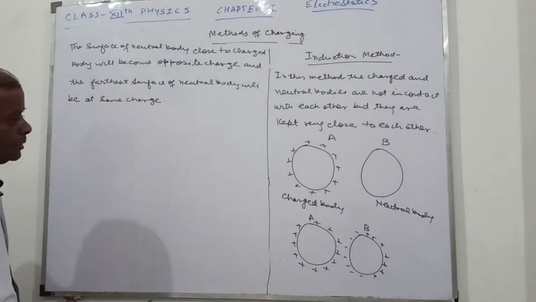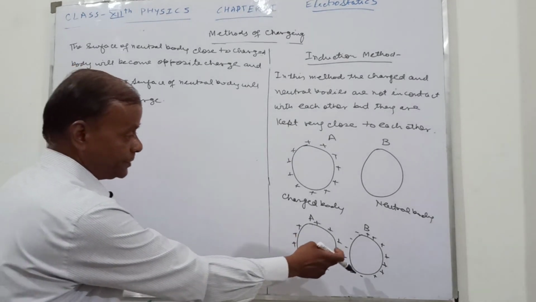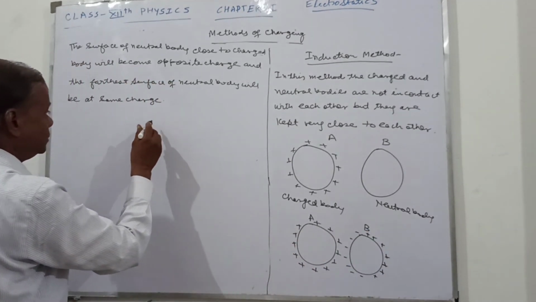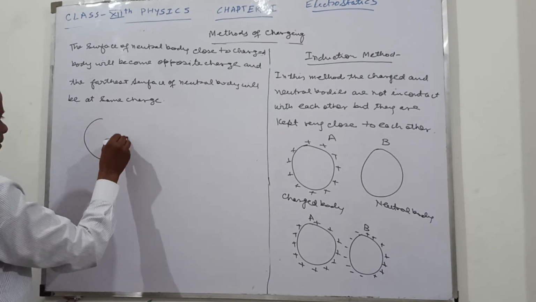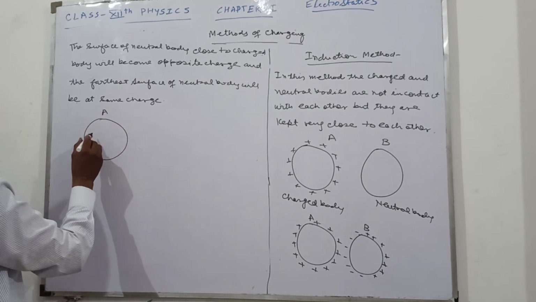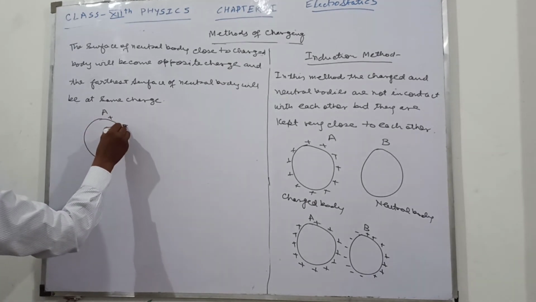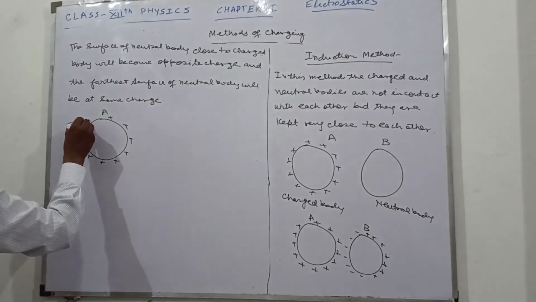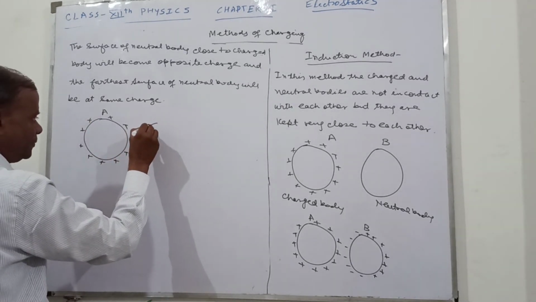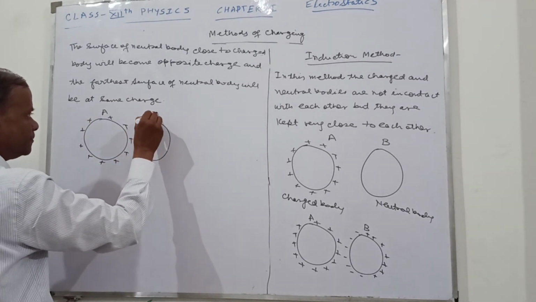So if suppose this surface is Earth, suppose we are having like this. This is now body A, which is having the positive charge. This is now body B, which is close to this one.